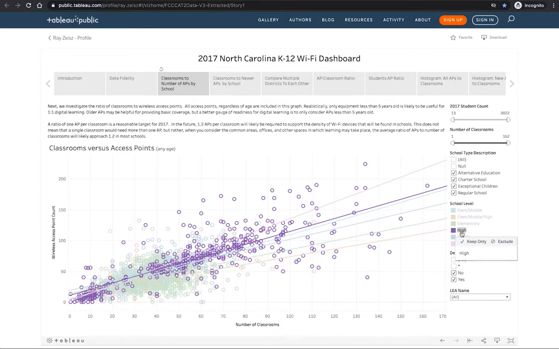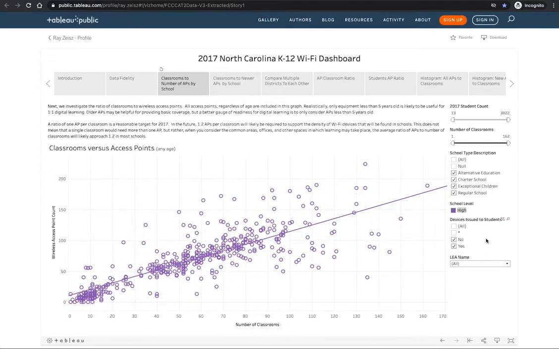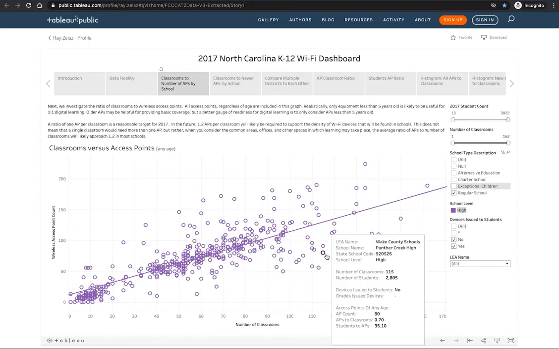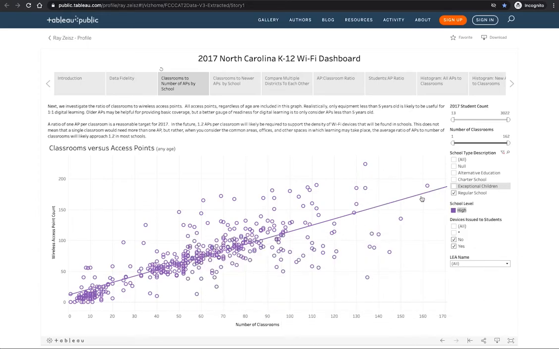If we want, we can just go in here and say, let's just look at only the high schools. Let's look at only no charter schools, no exceptional children, and alternative education. So just regular, larger building high schools. And you can see this is every high school in the state, and the wireless access points per classroom ratio.